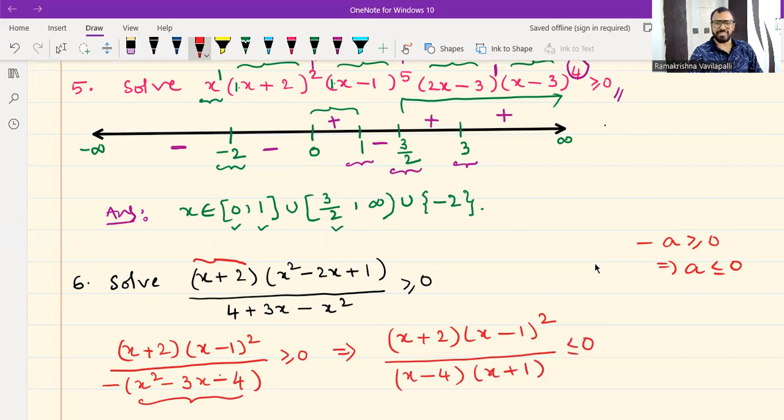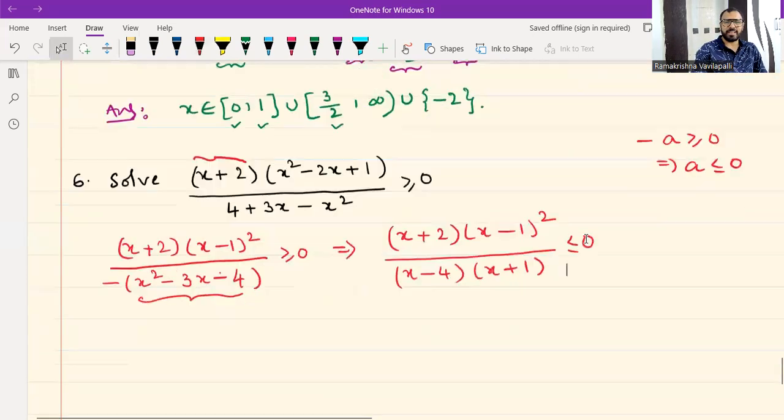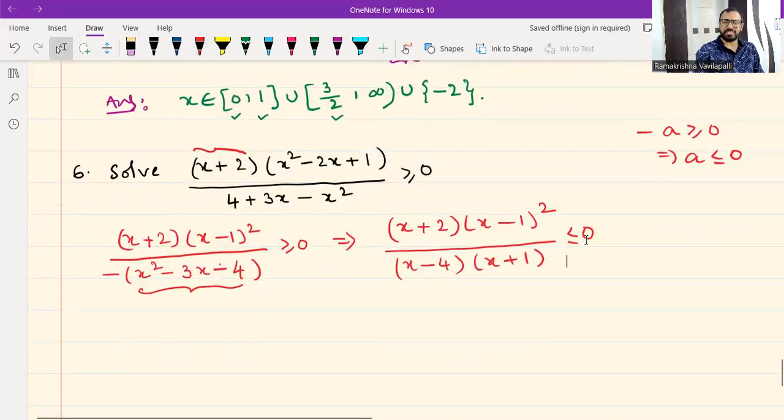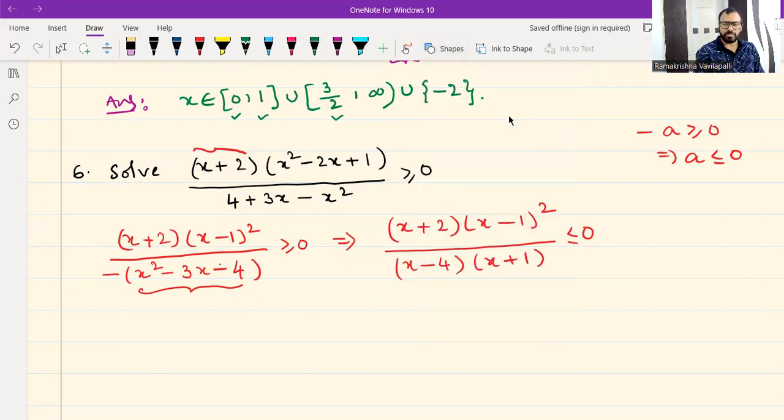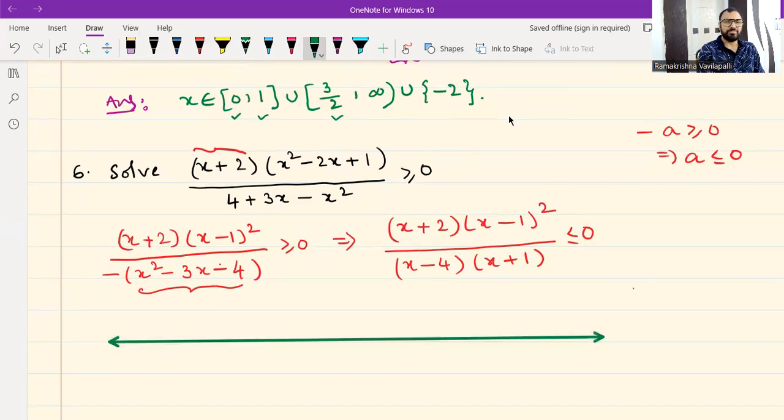Follow this fact. Now numerator and denominator are factorized into linear factors. Now it is time to plot the roots and the poles on the real line. This is the real line.